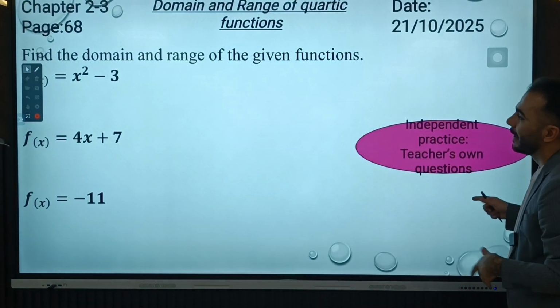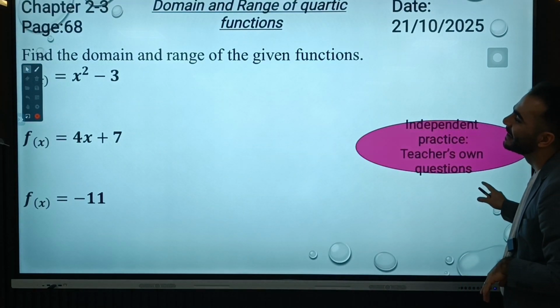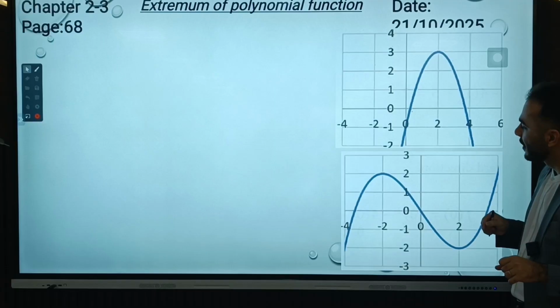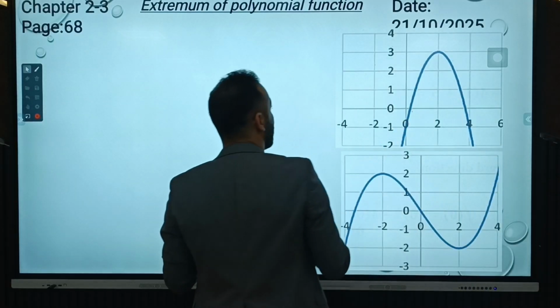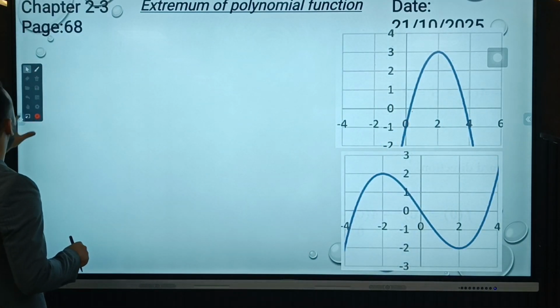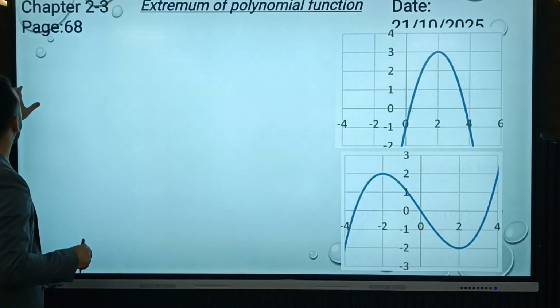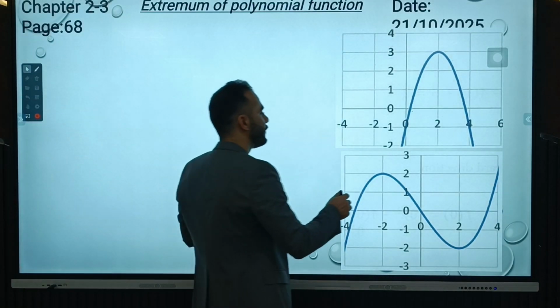Okay, we have got some questions, some graphs. Based on the graphs, we will decide what the domain is and what the range is. Here, let me see what the question is. Perfect.